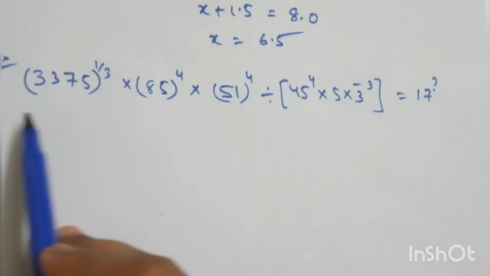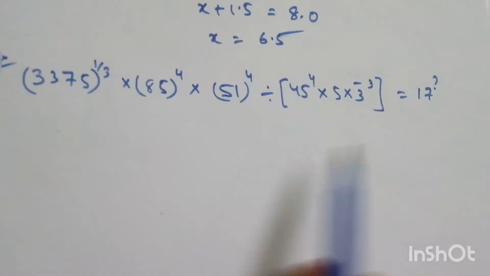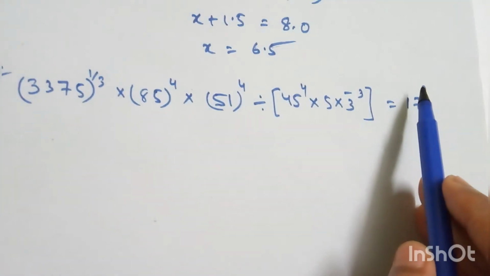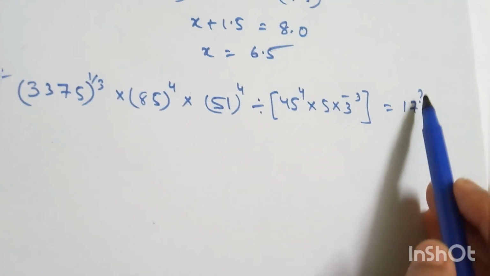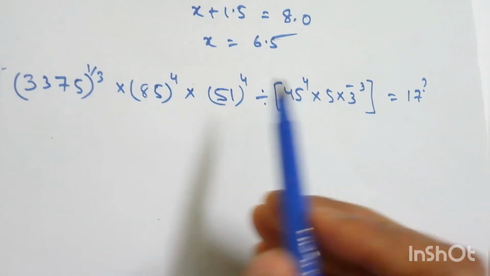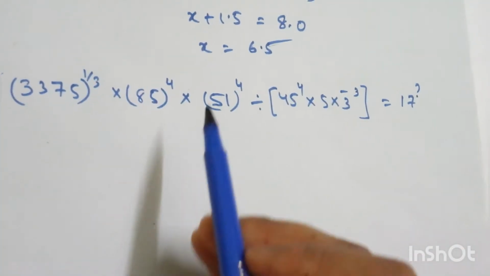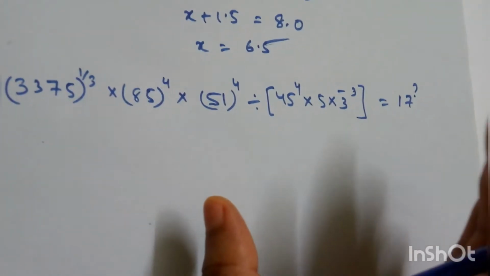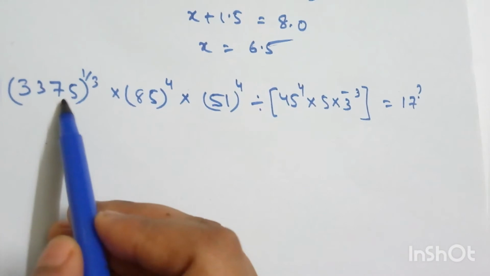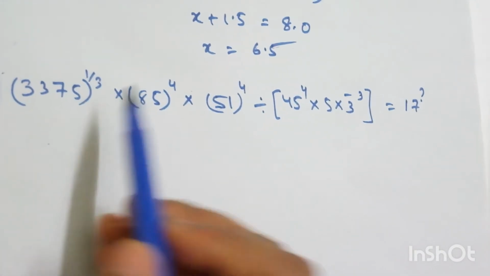Okay. So here is another example. You can see we have to find the power of 17 here. So from the left hand side we can get 17 to the power something. So let's start. First, 33575 to the power 1/3.